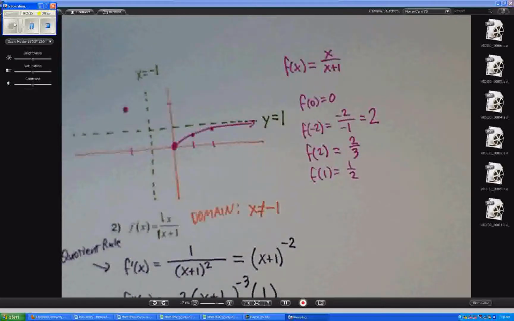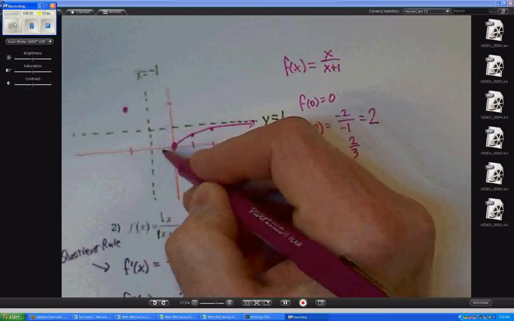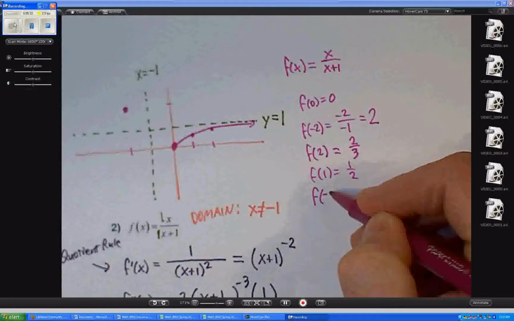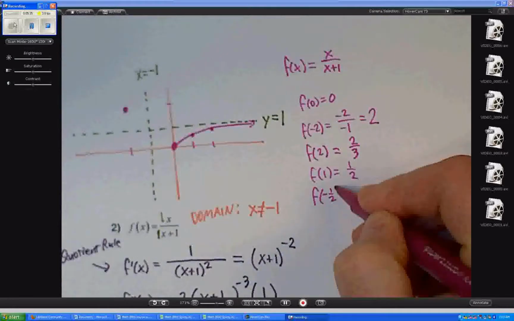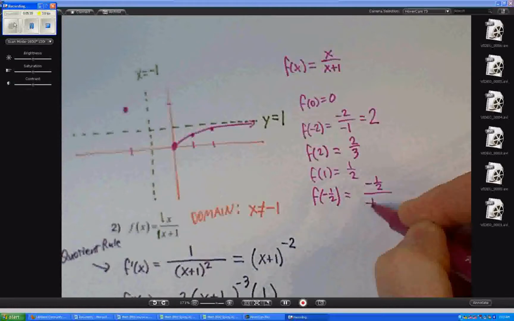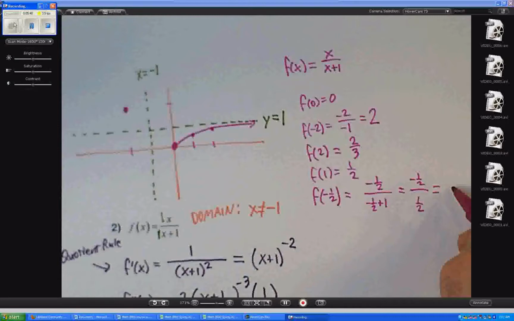What happens if I continue to move to the left? Like, let's put in f of, say, negative 1/2. Well, that's ugly. Negative 1/2 over negative 1/2 plus 1. That's negative 1/2 over what? Positive 1/2. And so what's that equal? Yeah, Paul, you're not doing any calculus. I know.